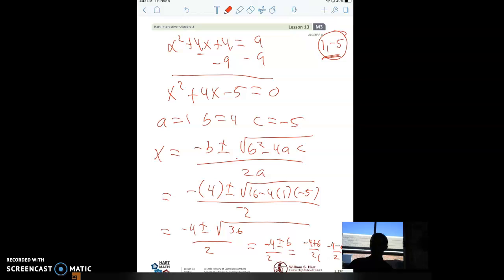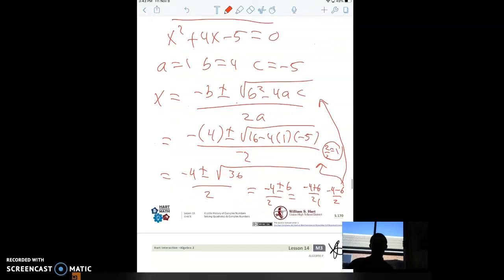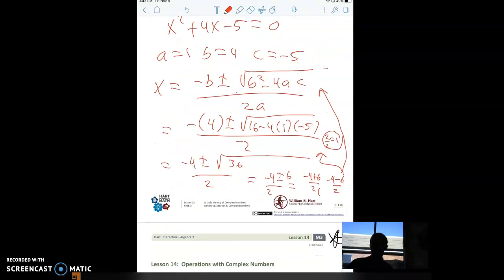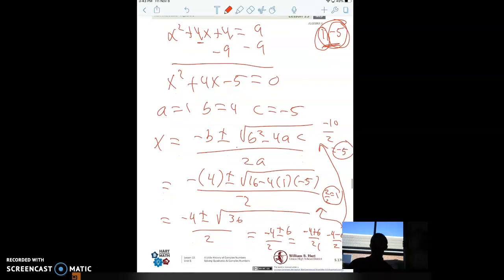Does the magic work? Let's see. -4 + 6 is 2, over 2. What do you know? That's 1, the answer that I expected. I'm expecting the other answer to be -5, and it works out to -5, because -4 - 6 is -10, divided by 2, and we get -5. Those are the exact same answers that we got from the previous methods.